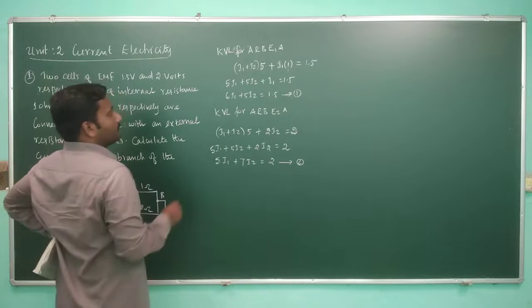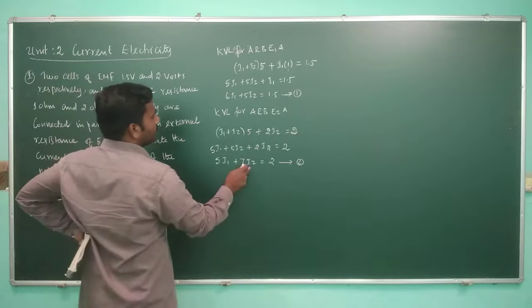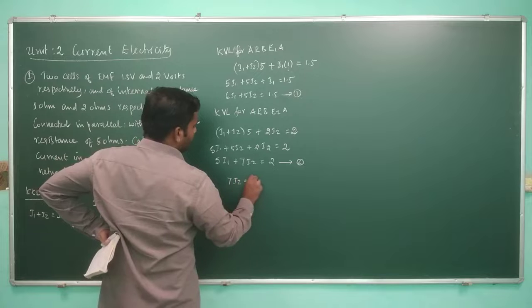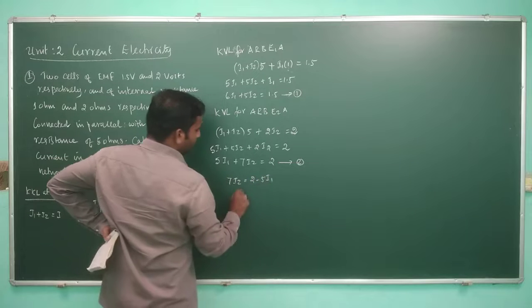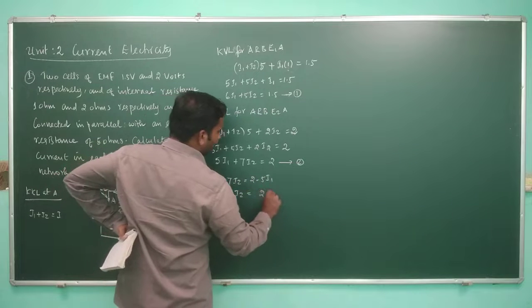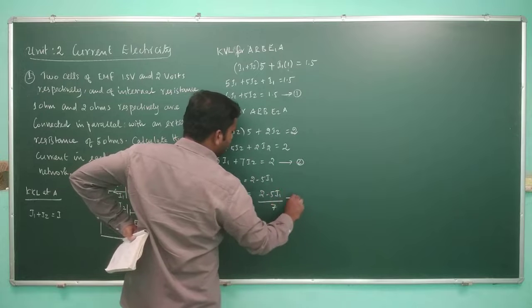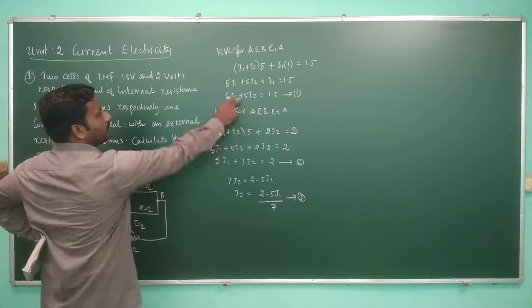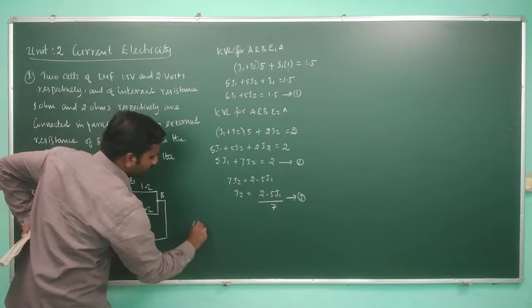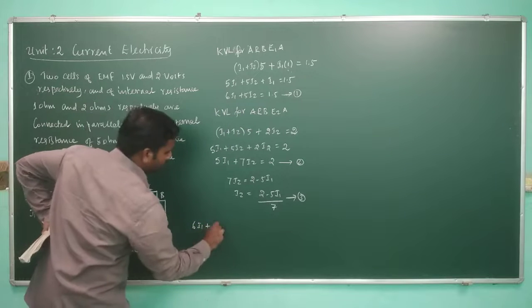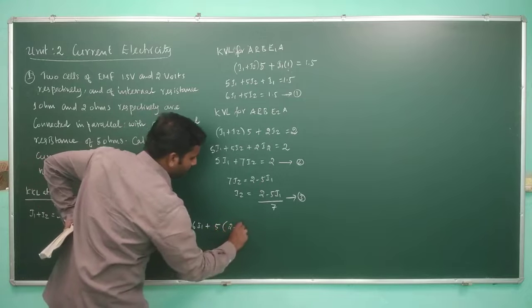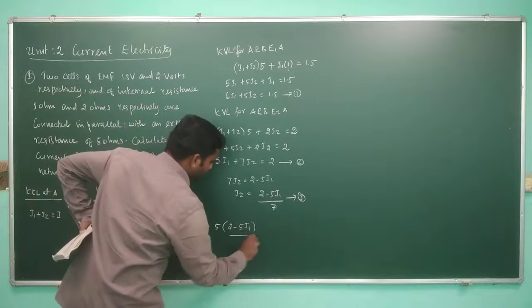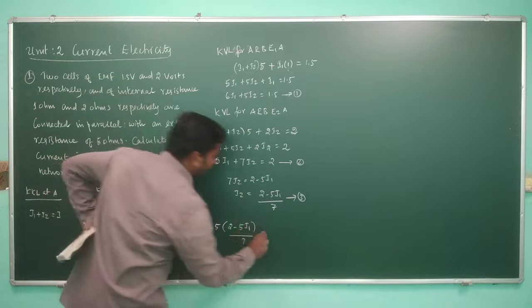Now solving these two equations, how to solve? I can rewrite this equation for I2. So 7I2 is equal to 2 minus 5I1, so I2 equals (2 minus 5I1) divided by 7. This is equation number 3. Now substitute equation number 3 into equation number 1: 6 times I1 plus 5 times (2 minus 5I1) divided by 7 is equal to 1.5.